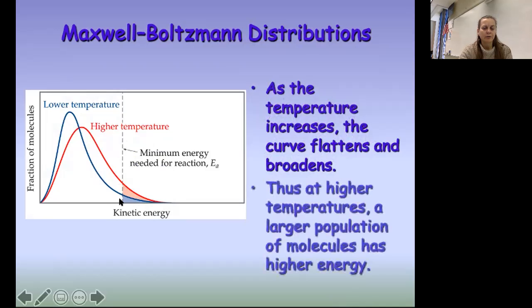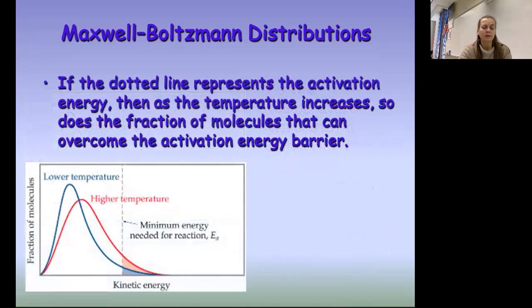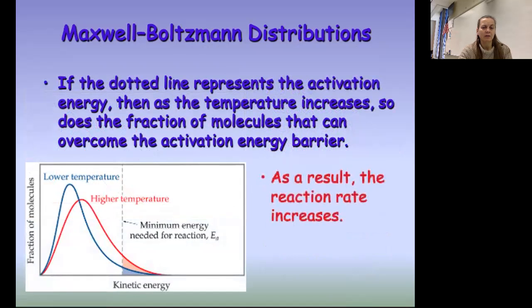So at higher temperatures, a larger population of the molecules has a higher energy. That means that more of the collisions are going to be effective because more of your collisions are going to have enough energy to overcome that activation energy barrier. And so the reaction rate is going to increase.